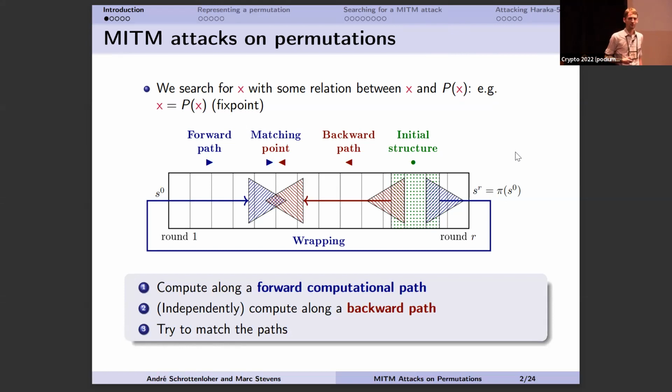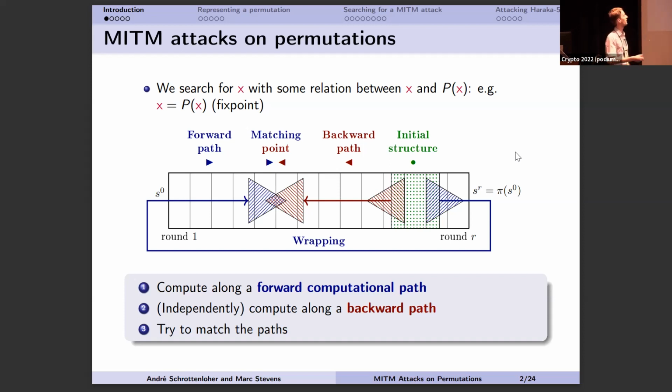The way to solve it with the meet-in-the-middle technique is to select two subsets of the internal states of the permutation, one that we're going to compute forwards, the forward path, and one that we're going to compute backwards, the backward path, and we're going to compute them independently. So we take all the possibilities for these forward states, all the possibilities for these backward states, and compute independently.